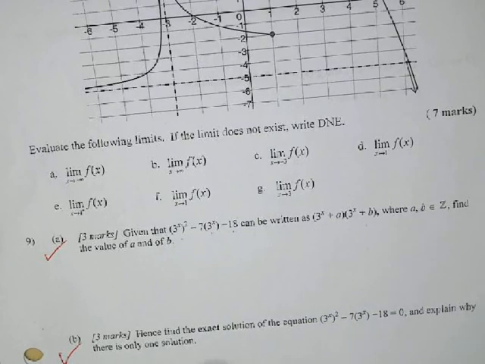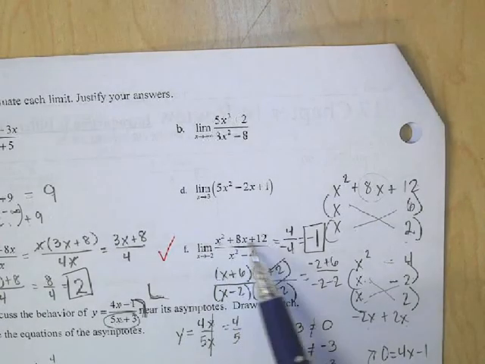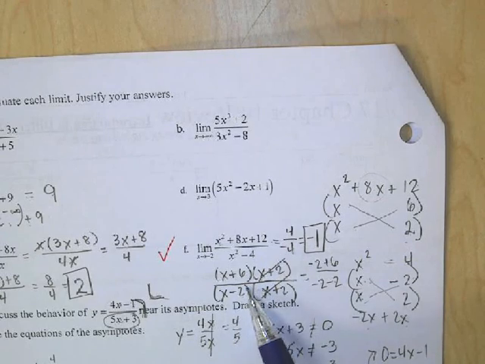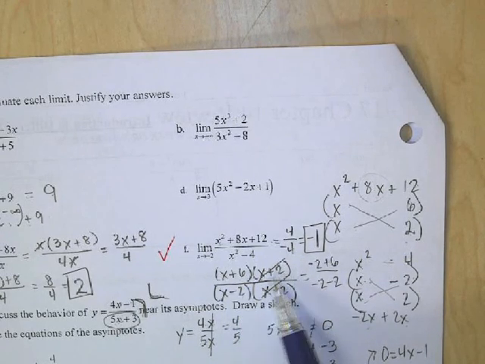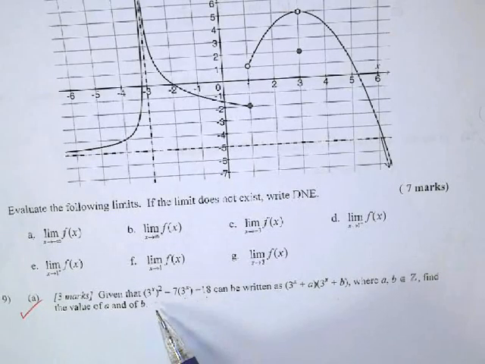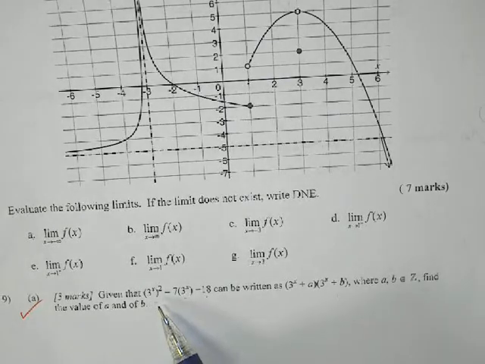That reminds me of what we did over here, where I had a trinomial and wrote it as a binomial. So what did I do? I factorized it. Let's look at this again, but this sure looks awful strange. Wouldn't it be nicer if this said just x squared minus 7x minus 18? That would be so much easier.